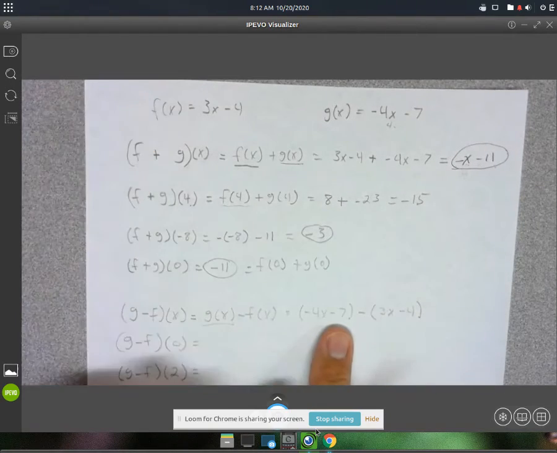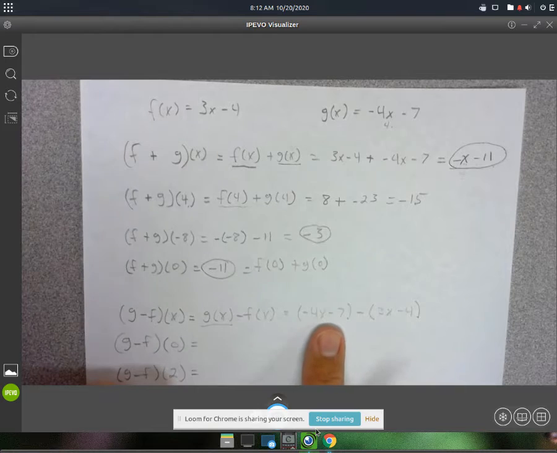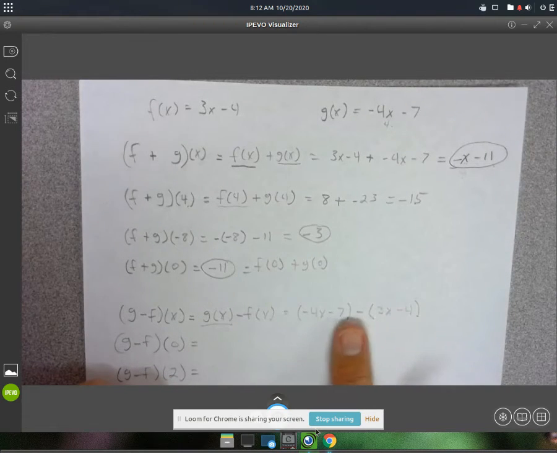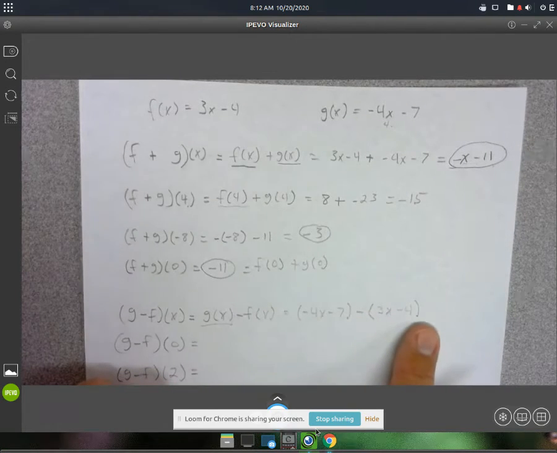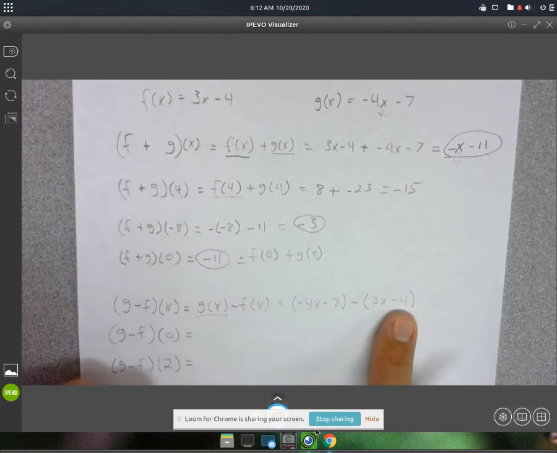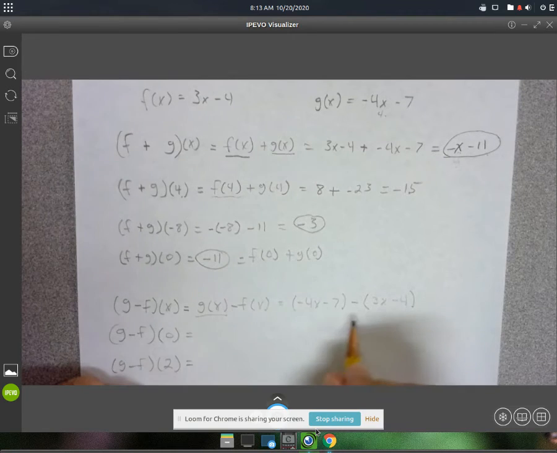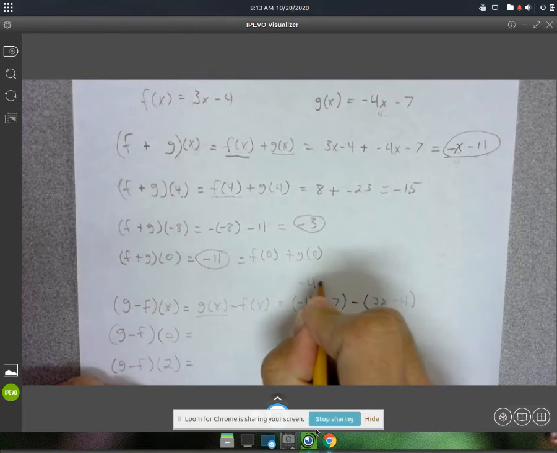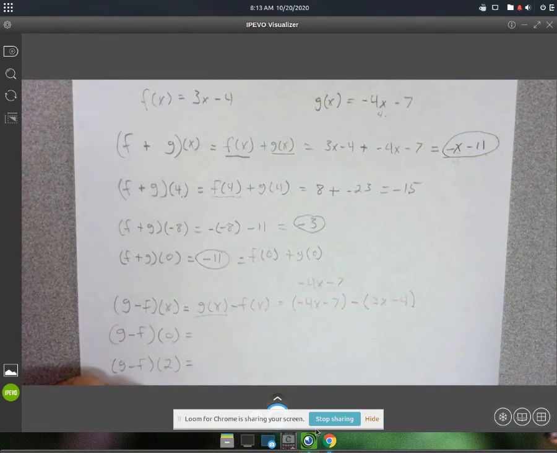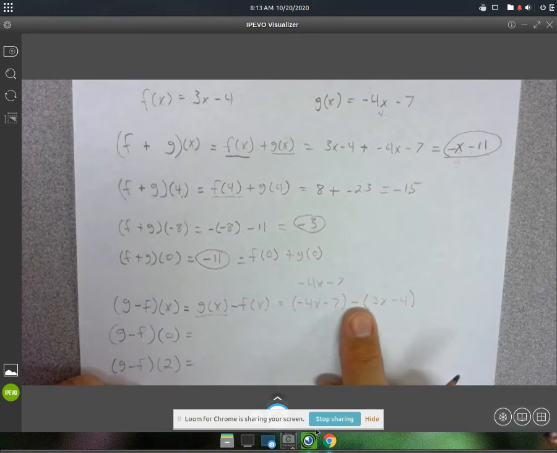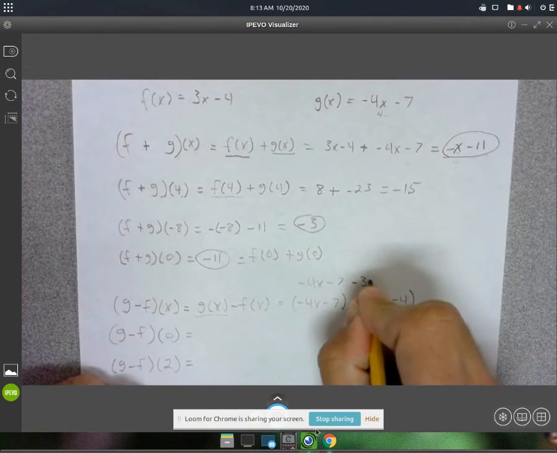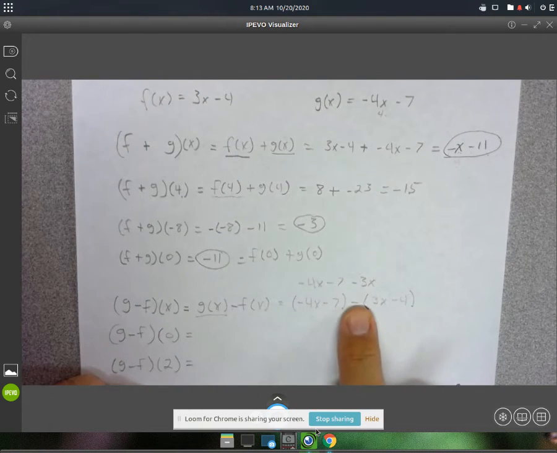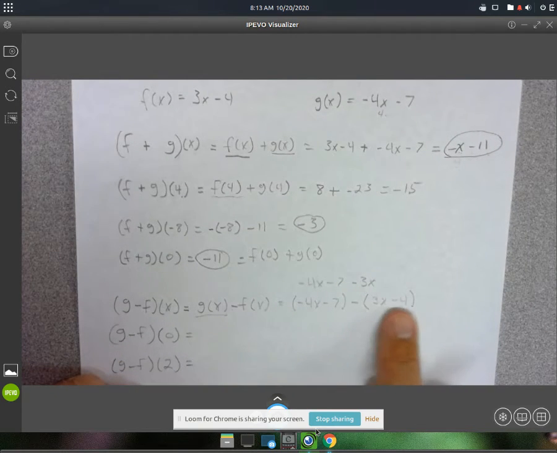See, the first set of parentheses you actually don't have to have, but the second one you do because you're minusing this whole thing. So you're going to have to distribute a negative 1 to each sign in here. If I drop the parentheses on the first one, negative 4x minus 7, and then I'm going to distribute the negative in, this becomes a negative 3x, and I'm minusing a negative 4, or I'm just changing the sign.